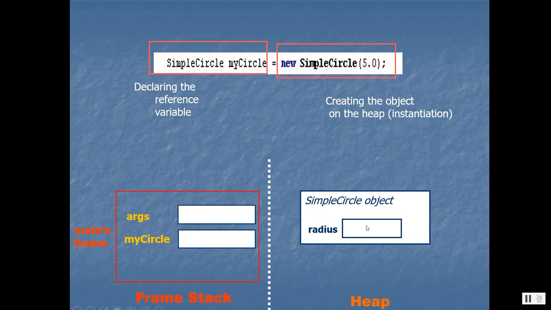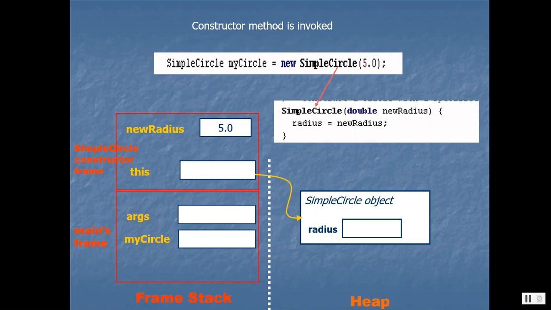And whatever the member variables of that class are, instance member variables, and I want to point that out, I'm not talking about static member variables. We haven't really talked about static variables of a class yet. But instance member variables. Then the instance is going to have its own radius in this case, and that's an instance member variable. So that's been created on the heap. And then the constructor gets invoked.